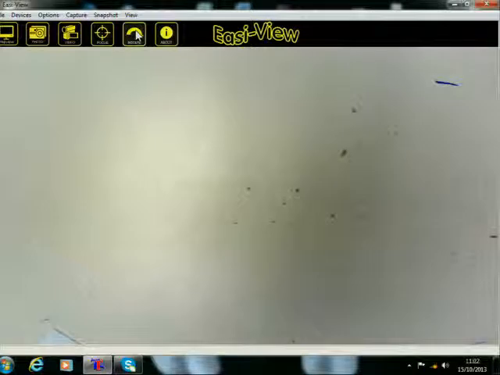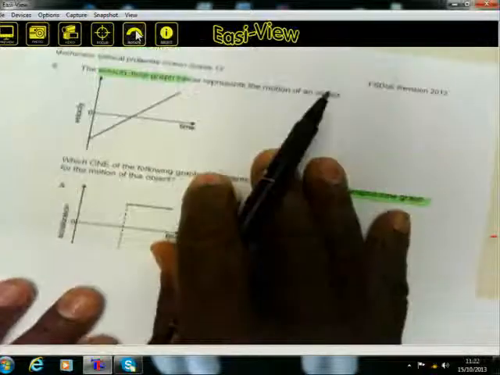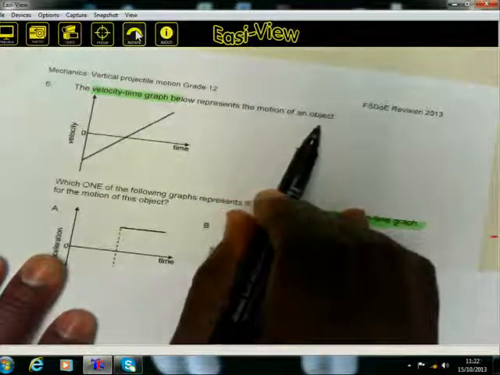To round off, the last question that we'll look at is the velocity time graph below, which is question number 6. The velocity time graph below represents the motion of an object.